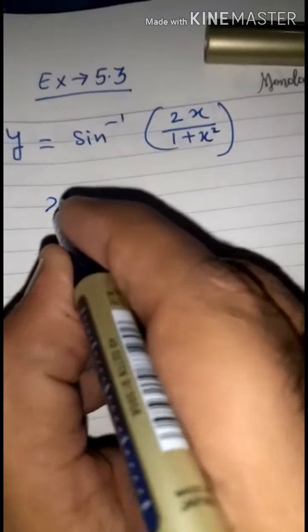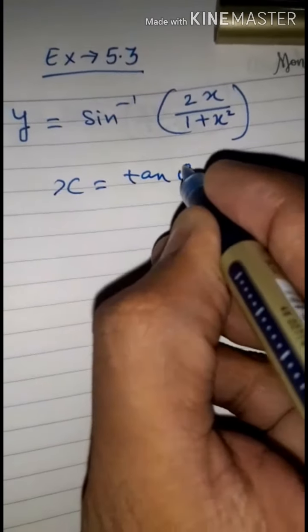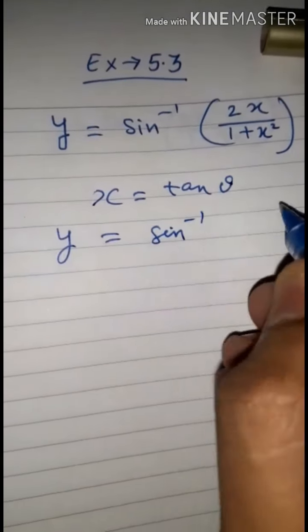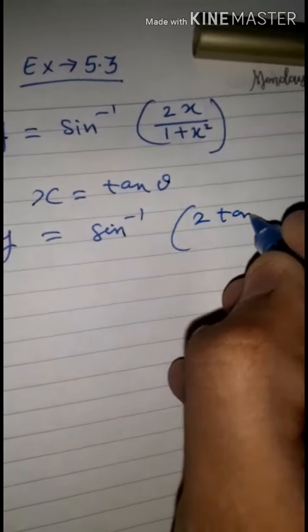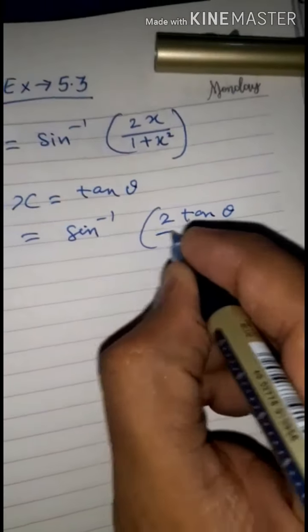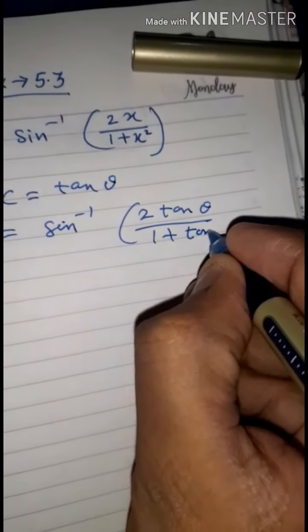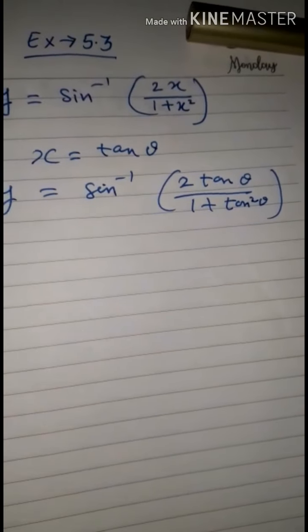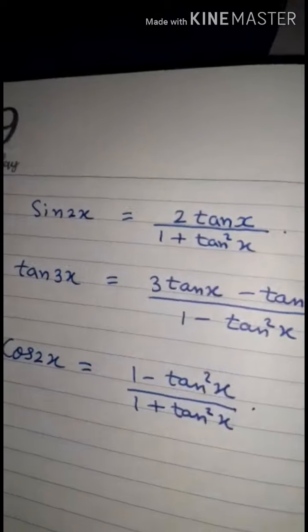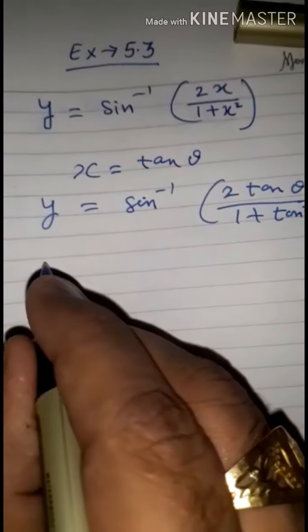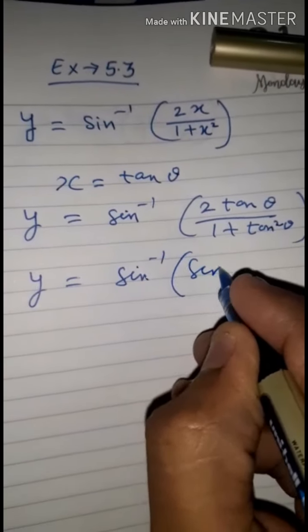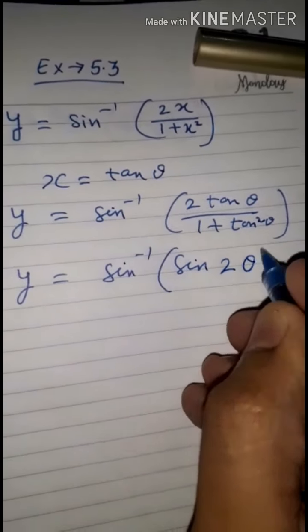So here, if we let x is equal to tan theta, then y is equal to sin inverse 2 tan theta upon 1 plus tan square theta. Now this value 2 tan theta upon 1 plus tan square theta is equal to sin 2 theta.